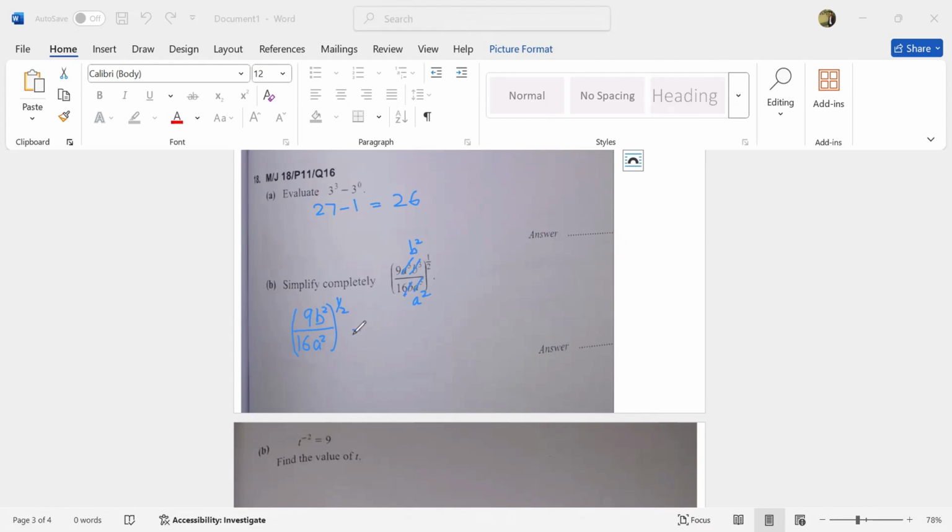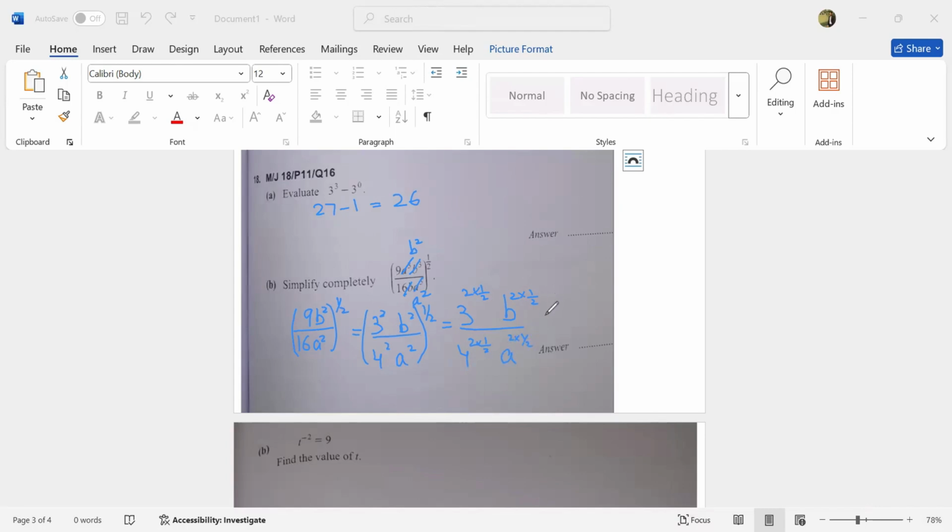Now we can write down 9 as 3 square, 16 we can write down as 4 square, power half. There can be two ways. One way is this: you multiply this 3 with 2 power half, then b 2 multiply power half, 4 2 multiply power half.